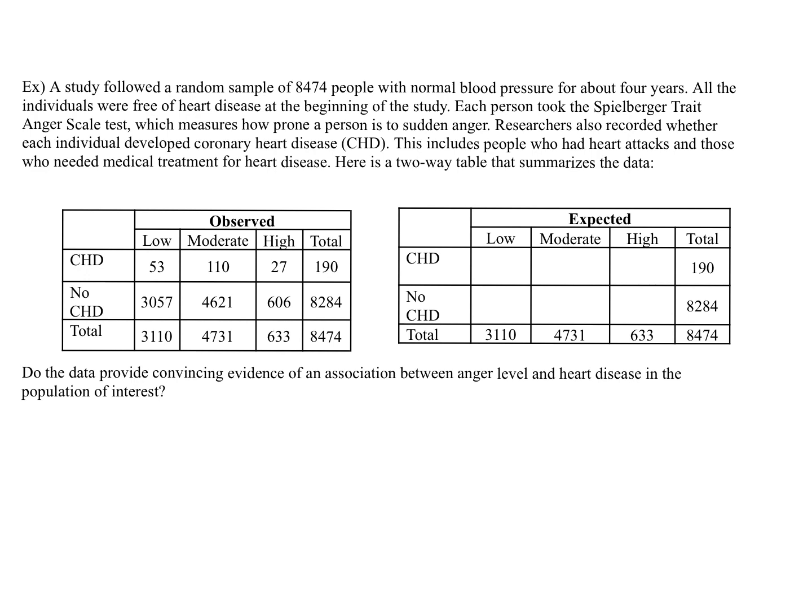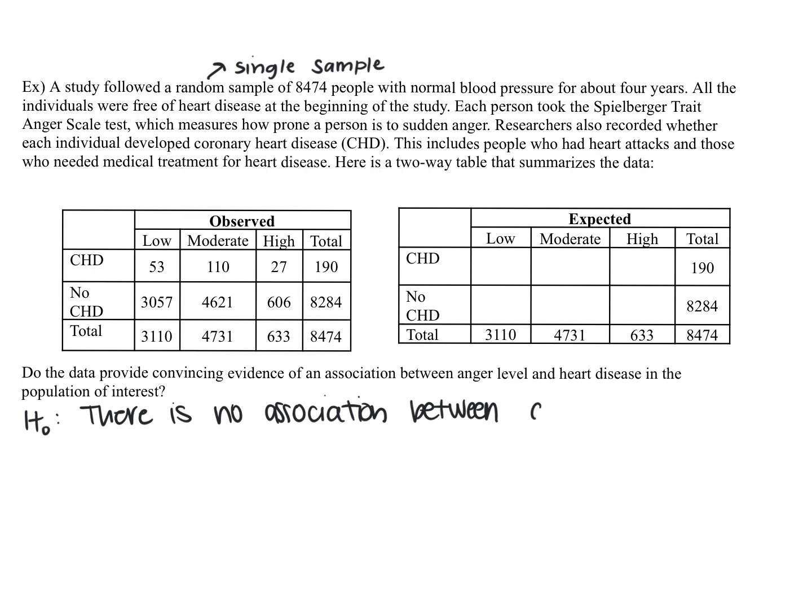So what we're dealing with here is a single sample because we only have one group of people, but we are looking at multiple variables within that one group. So for our null hypothesis, we'll write there is no association between anger level and heart disease.